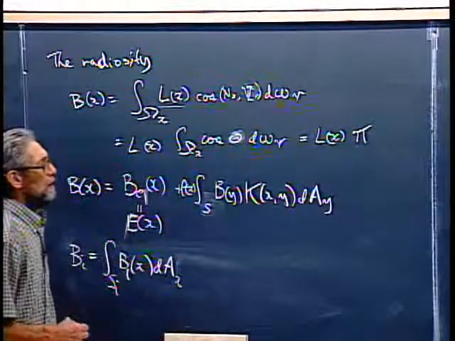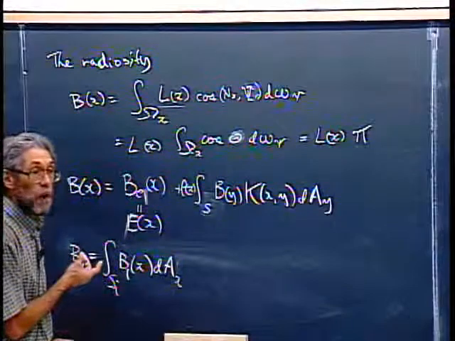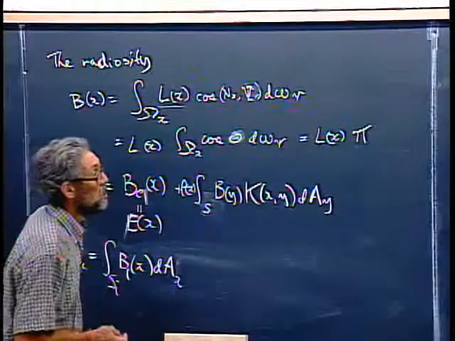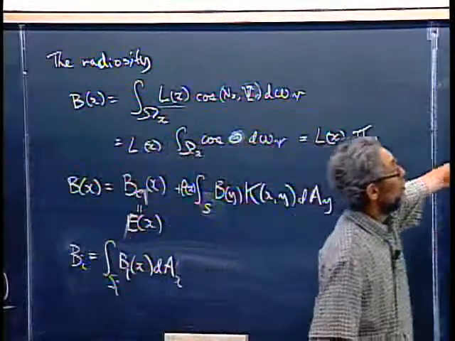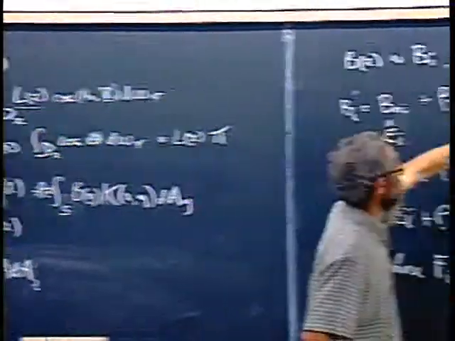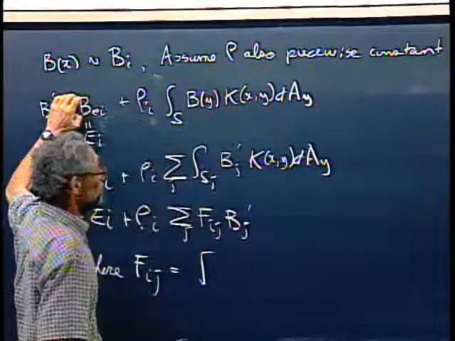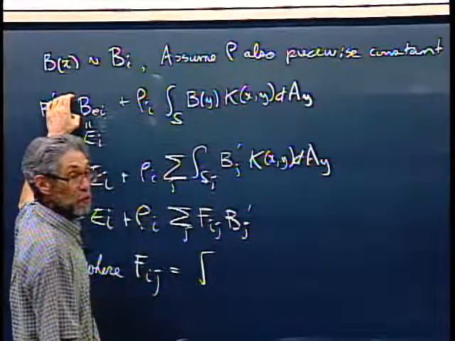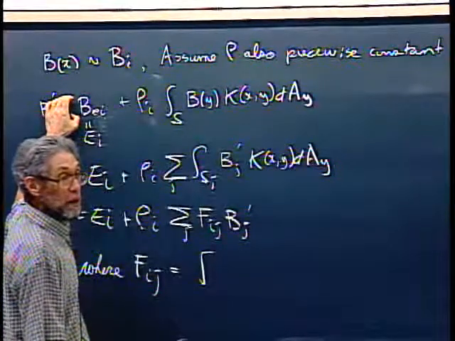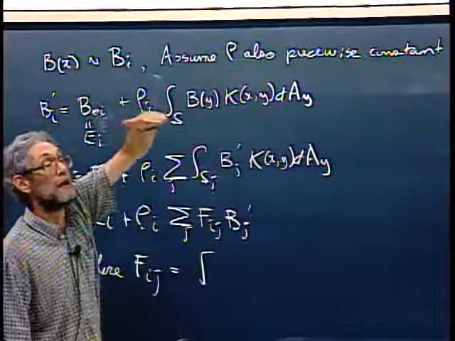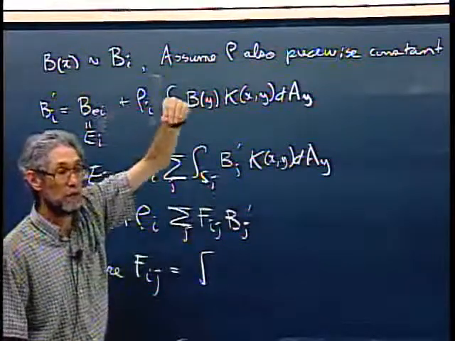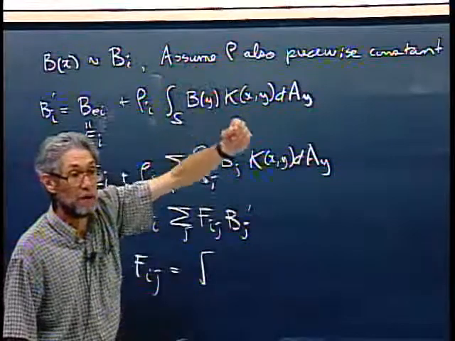Because it's not really piecewise constant. Basically, if on the right-hand side of this integral I had a piecewise constant function, it still wouldn't be true that the left side of the integral was piecewise constant. Because even if we had constant lights on the ceiling, when you're closer to the light, it's going to be brighter than when you're far away.